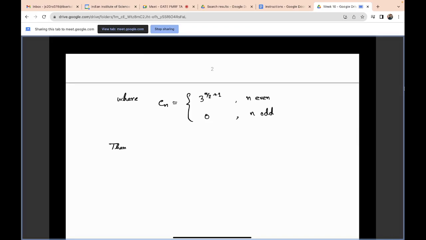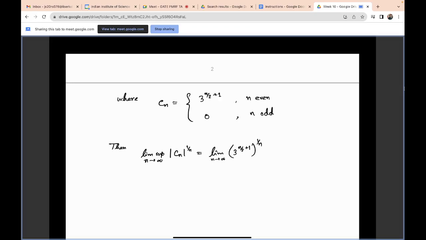Then lim sup as n tends to infinity of Cn to the power 1 by n. Because 3 to the power n by 2 plus 1 is a positive number, one subsequence will go to 0 and the other sequence gives the bigger limit, so the lim sup is the same as the limit as n tends to infinity of 3 to the power n by 2 plus 1, whole to the power 1 by n.